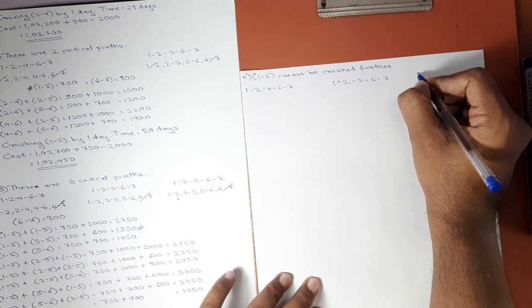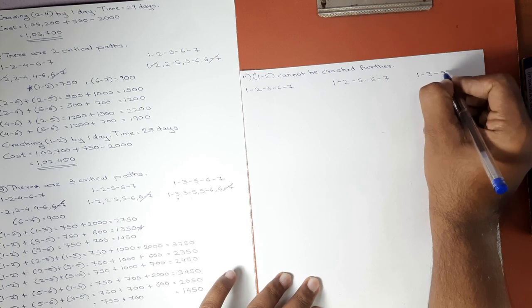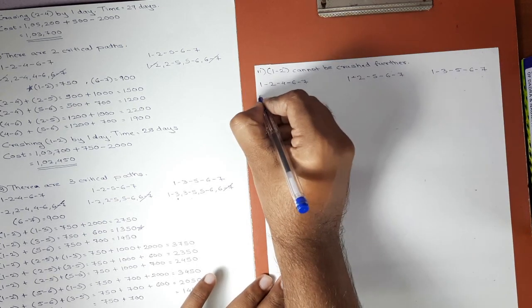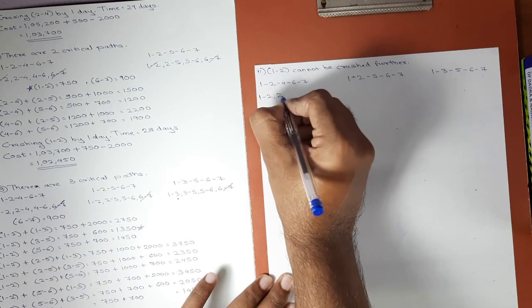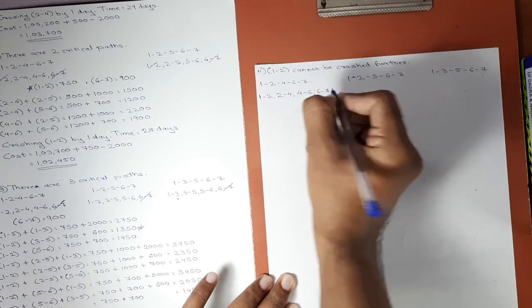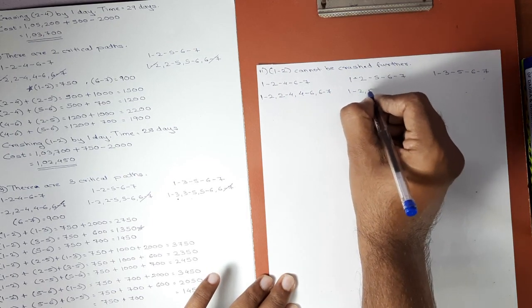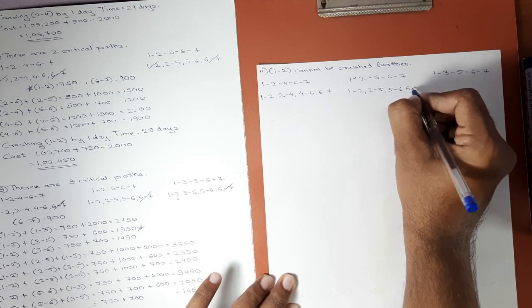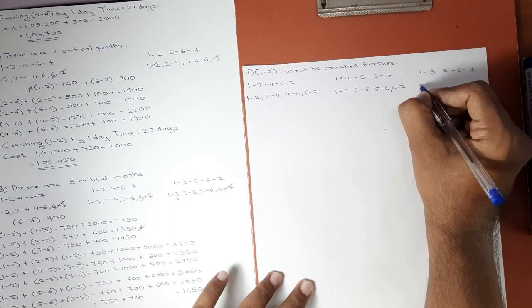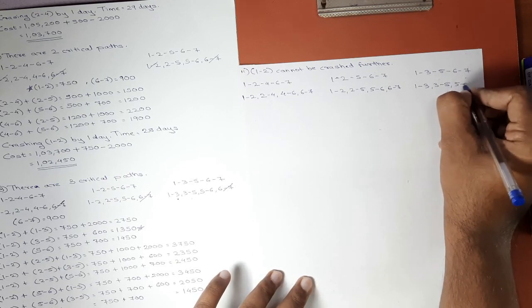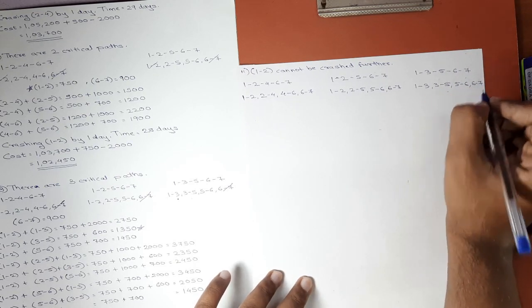Third path is 1 3 5 6 7. We'll write down the independent activities. 1 2, 2 4, 4 6, 6 7. Here also 1 2, 2 5, 5 6, 6 7. Here also 1 3, 3 5, 5 6, 6 7.